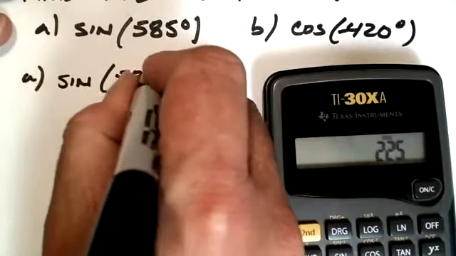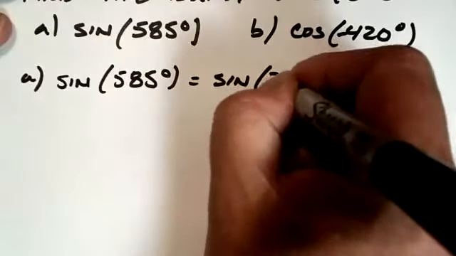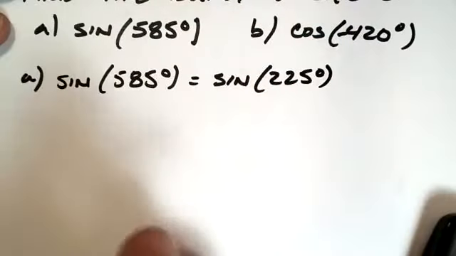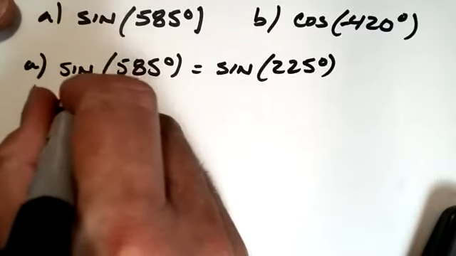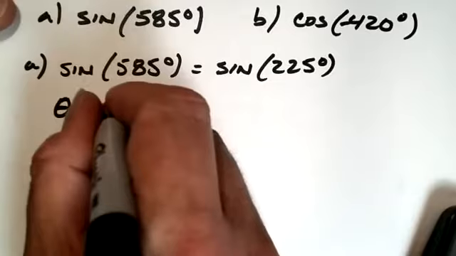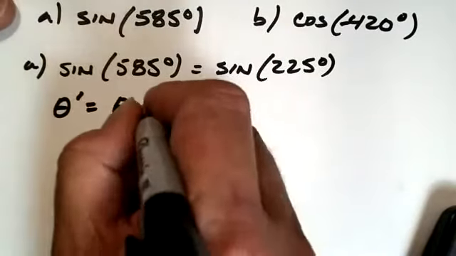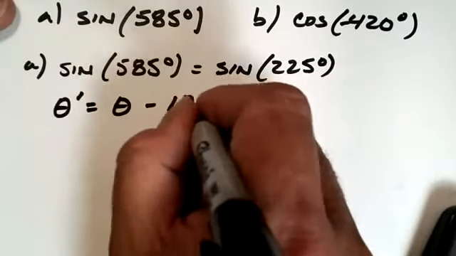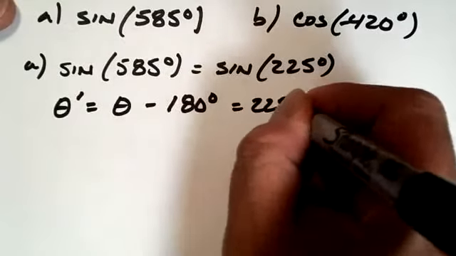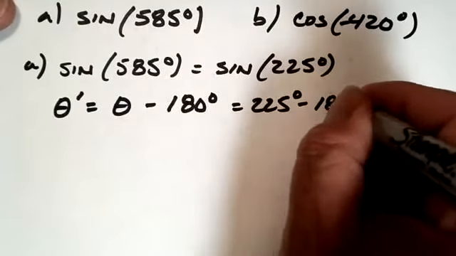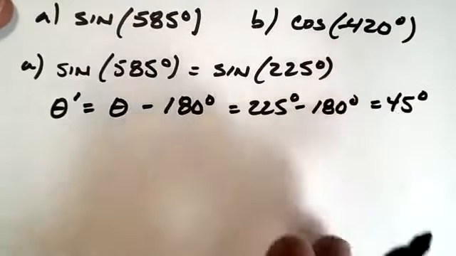Sine of 585 is equal to the sine of 225, right? So therefore, theta prime is equal to, and remember in quadrant 3, it's whatever the angle is minus 180 degrees. That's going to be 225 minus 180, or 45 degrees. So there's our reference angle.